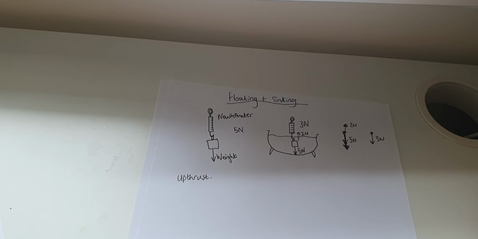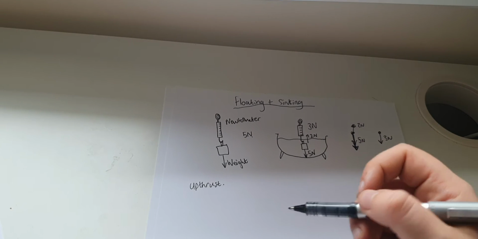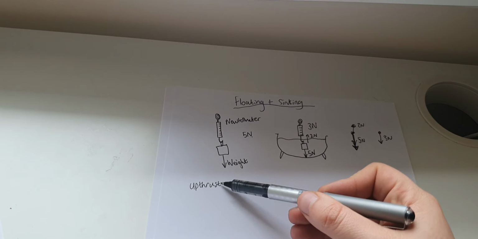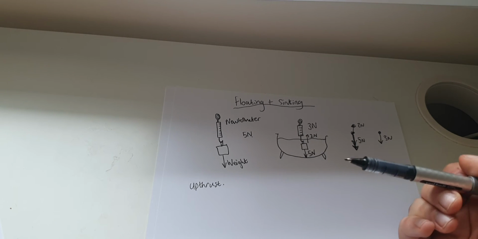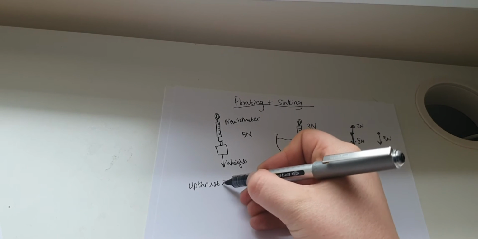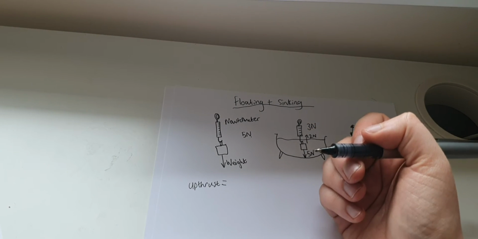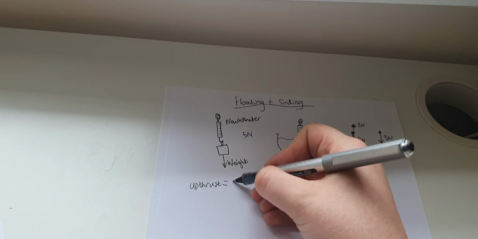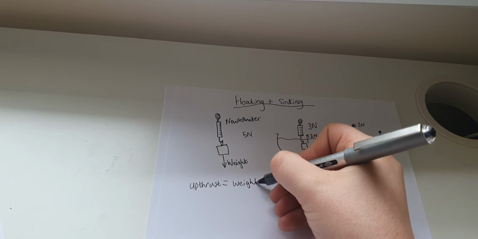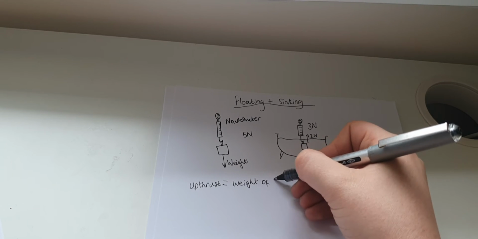And the first thing I want to tell you about it is, well, firstly, remember it's a force, so it's still measured in newtons, as you can see up here, 2 newtons, but also that to work out what the upthrust is, or what it's equivalent to, it's equivalent to the weight of water displaced.